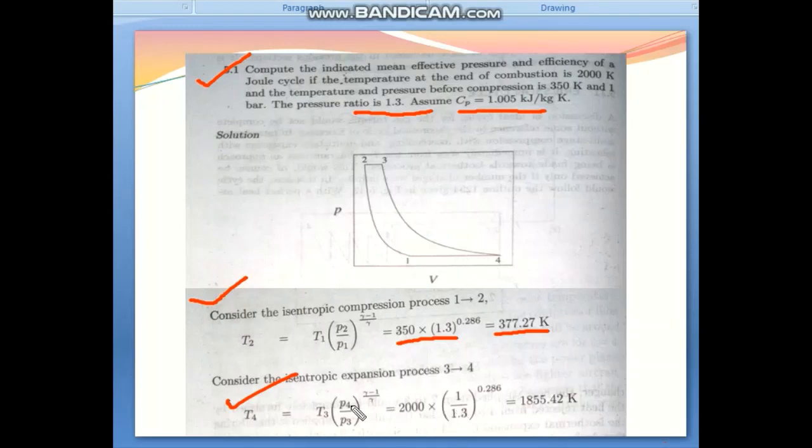So P4 by P3 becomes 1 by the pressure ratio, that is 1 by 1.3, and T3 is 2000 Kelvin, given here. That is the temperature at the end of combustion, the maximum temperature. So T4 becomes 1855.24 Kelvin.